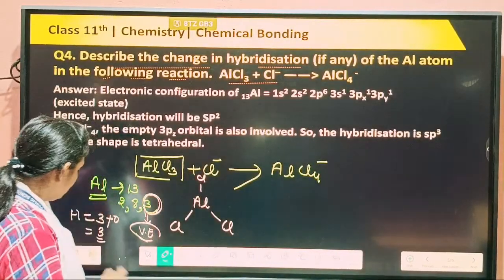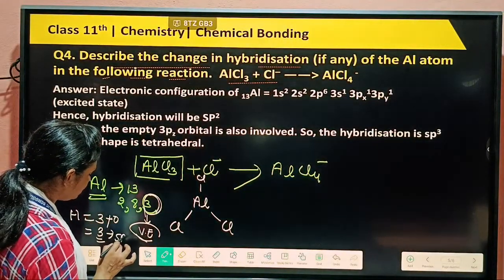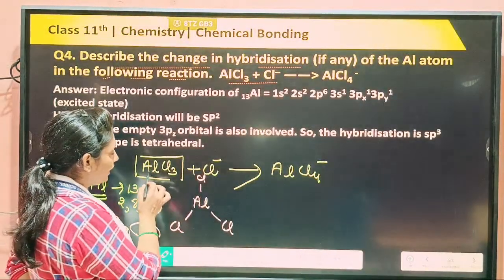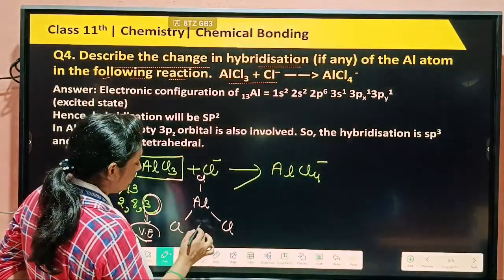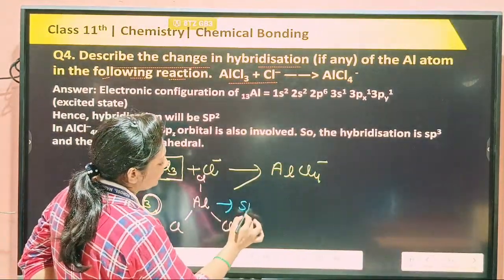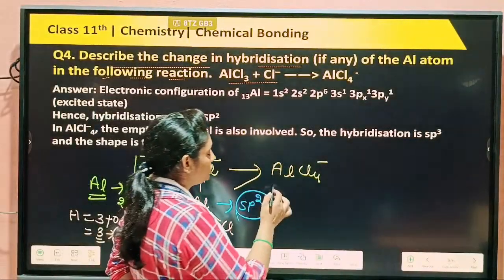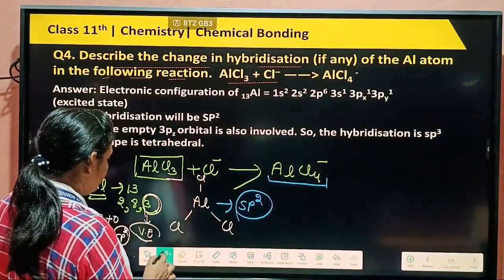If this sum is 3, then hybridization will be sp2. So in case of aluminium chloride, hybridization is sp2. Now, after addition of chloride ion, it gives us AlCl4 negative.